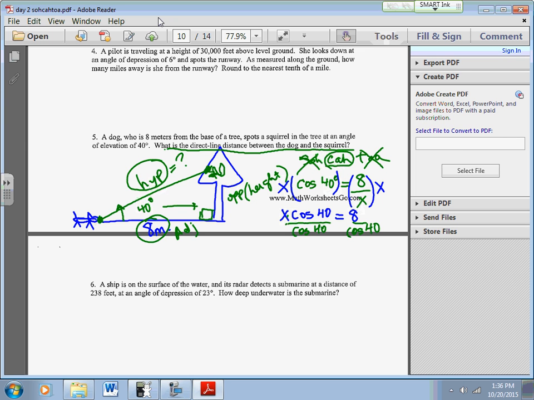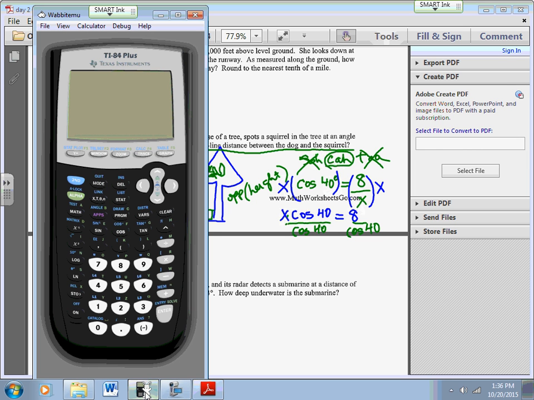Now go ahead and type in 8 divided by cosine of 40 in your calculator. I typed it into the calculator, okay? Let's see if we all get the same answer. Yeah? 10.44? Okay.